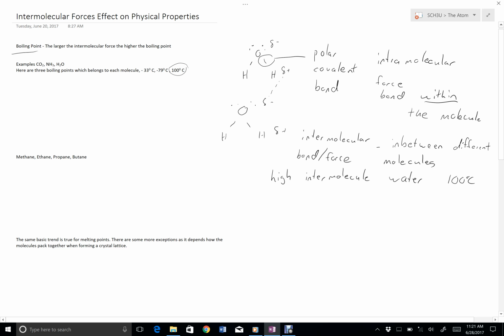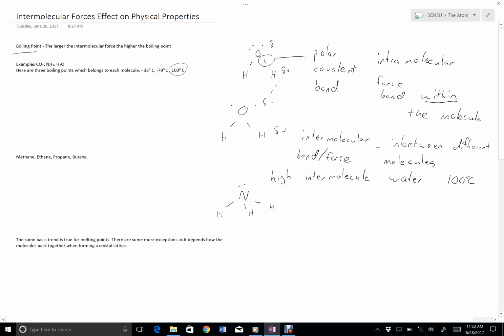Then NH3, if you'll recall from a previous video, has a dipole as well. But this dipole is not very strong. First of all, the electronegativity difference between nitrogen and hydrogen isn't that high.